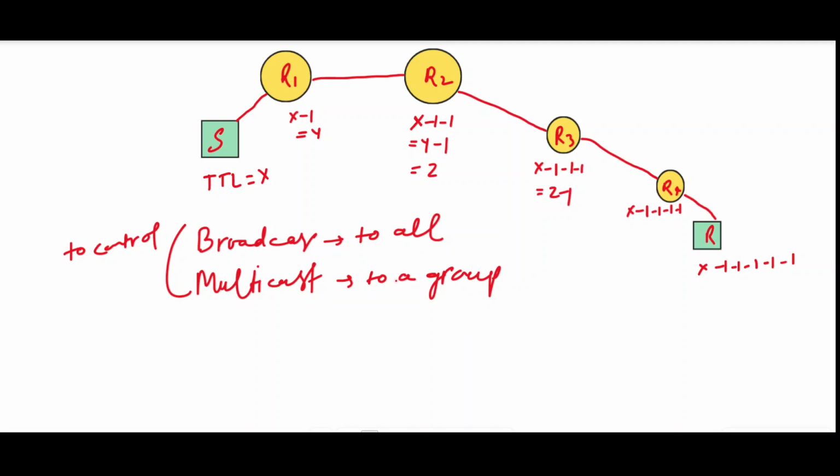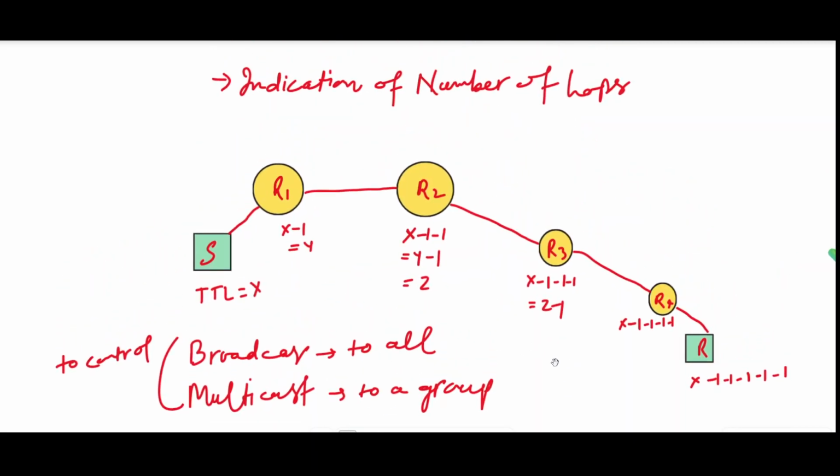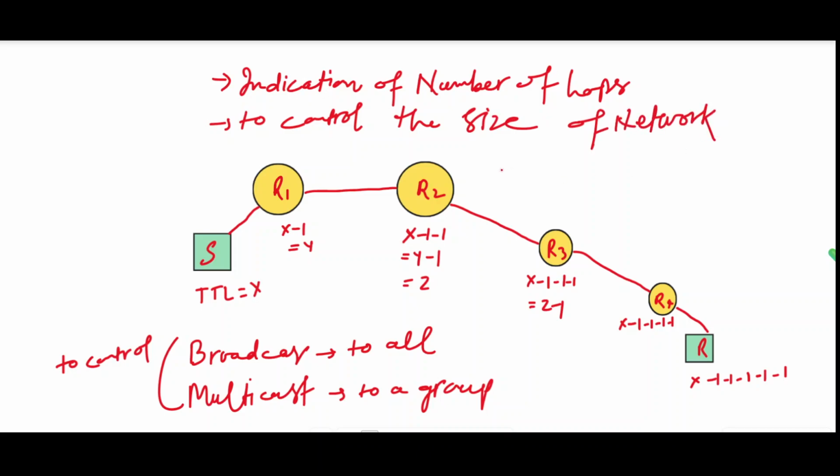Now, this TTL field can be used to control the size of the network. So we can say that it is to control the size of the network. Clear?